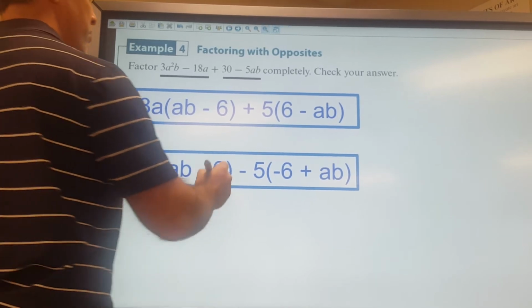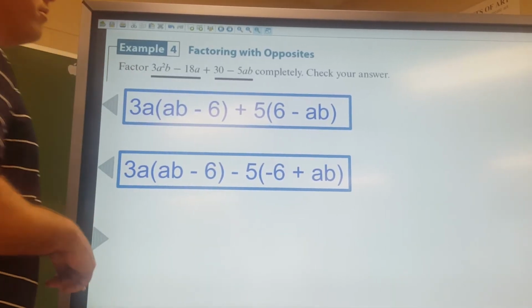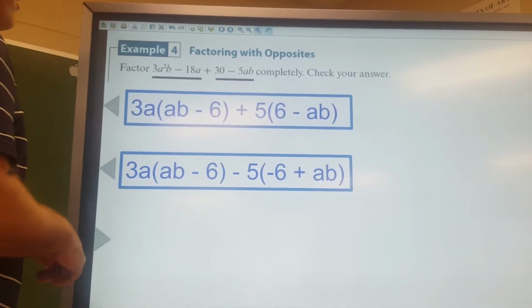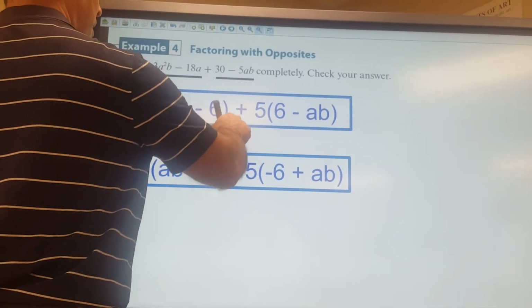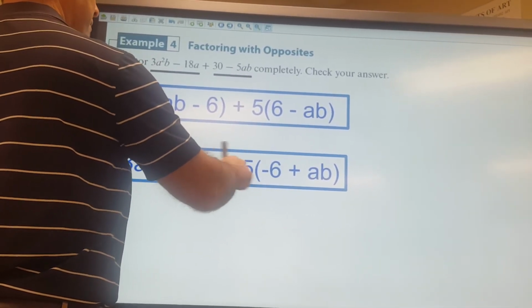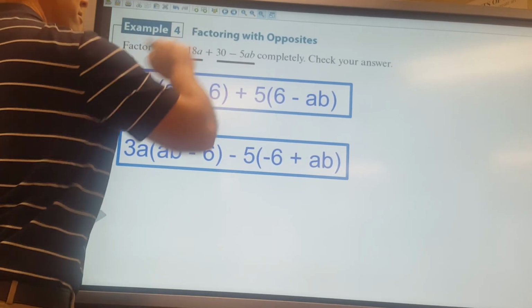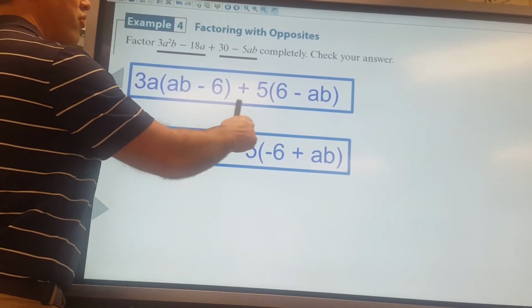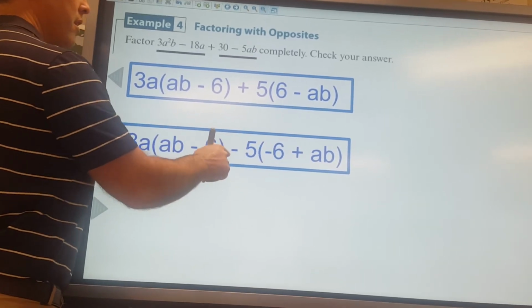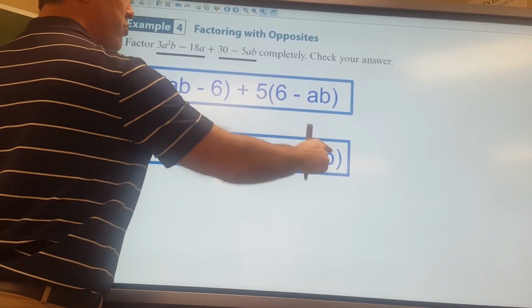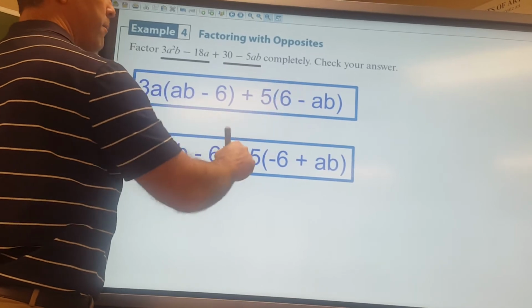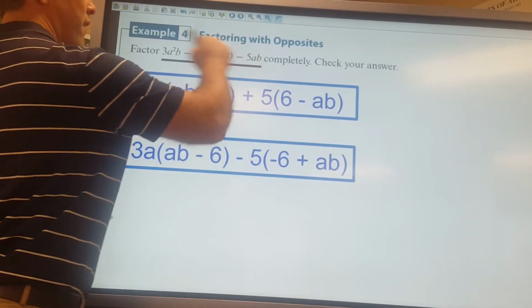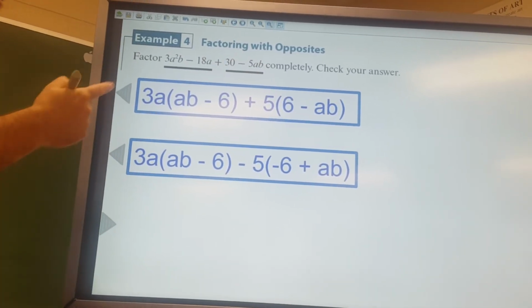If we look at this, we've got the plus, I make it a minus. Now, if I have a minus sign, this was originally positive 30. If I kept it as 6, it would be negative 30, so I change it to a minus 6. That minus on the outside, if I were to distribute it, it was minus, but I need it to be positive, so if I distribute it, I would get minus 5ab.